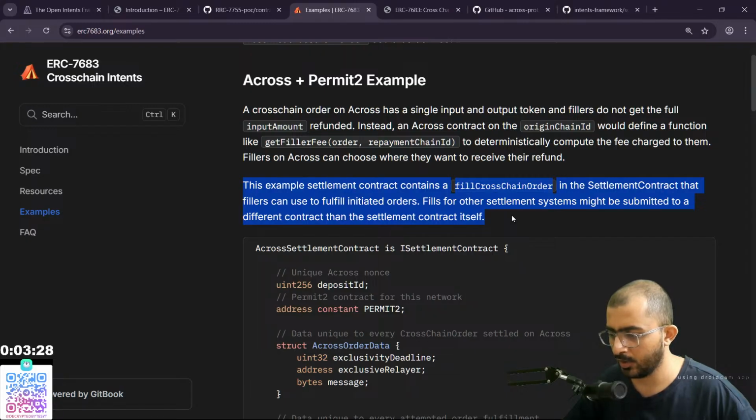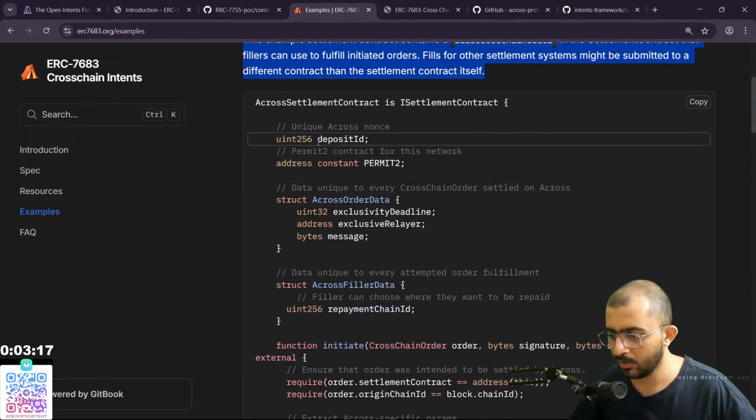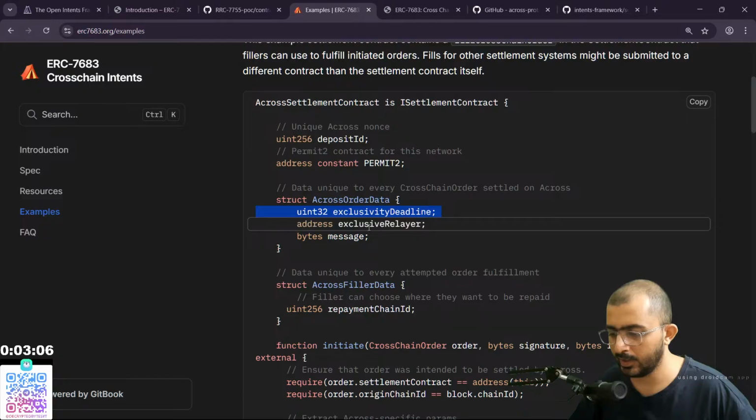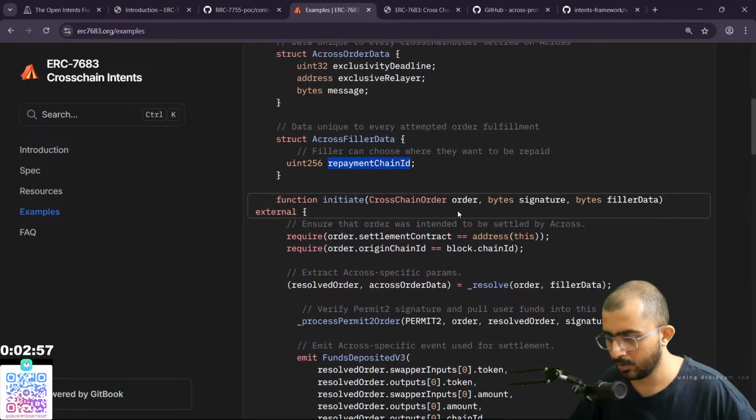Fills for other settlement systems might be submitted to different contracts than the settlement contract itself. Okay, they have some state variables, and this is cross-chain order. Exclusivity, exclusivity deadline, exclusive relayer, message, struct, repayment chain ID, initiate order.